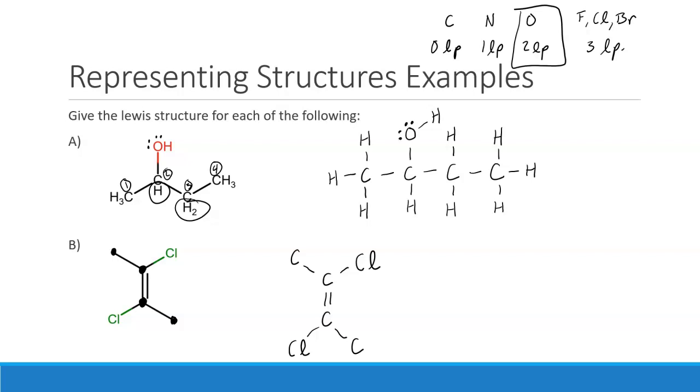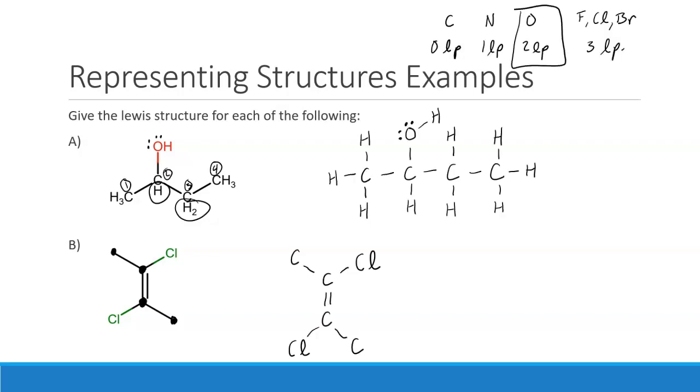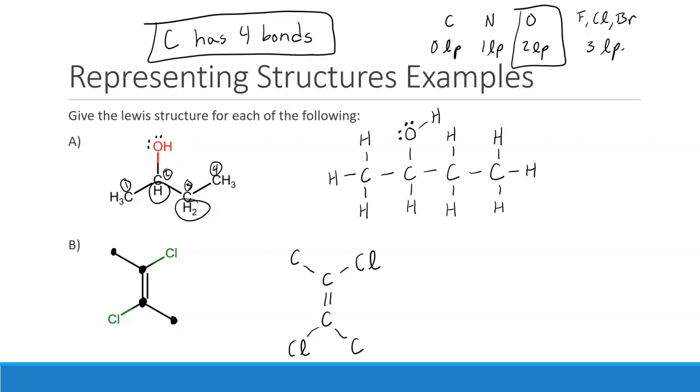And now each carbon has to have 4 bonds. So remember from the Lewis structures that carbon has 4 bonds. Which means that some of those hydrogens are hidden, and we have to add hydrogens until every carbon has a total of 4 bonds. The first carbon we'll label as the top left.